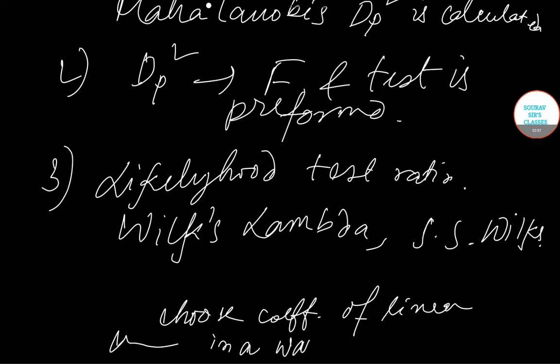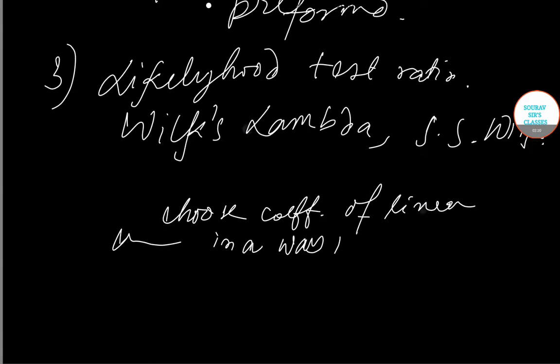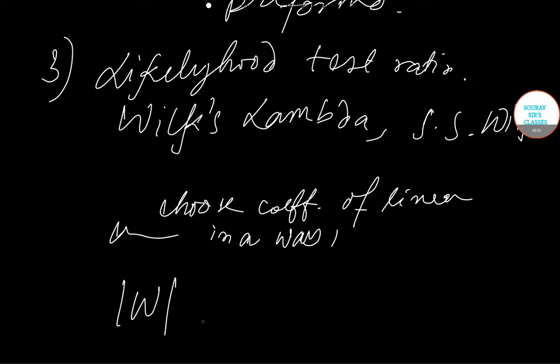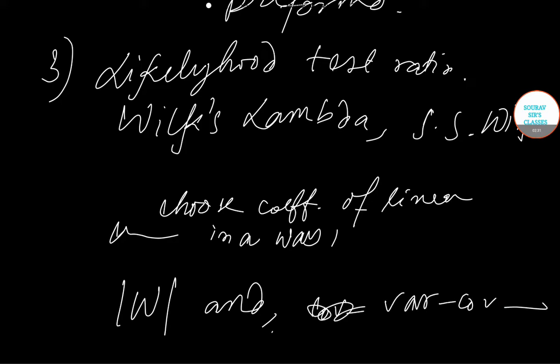in a way that the ratio of the mean squares due to within samples, W mod, and the combined variance covariance matrix, W plus B, is minimum.